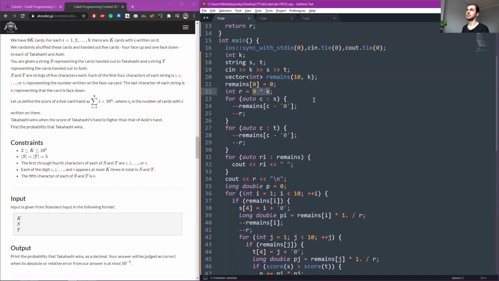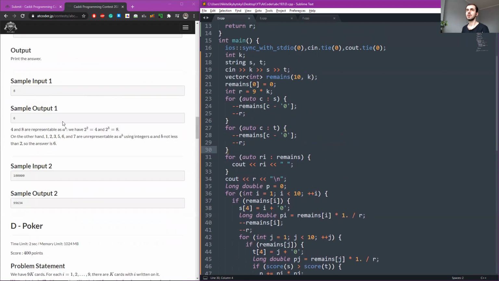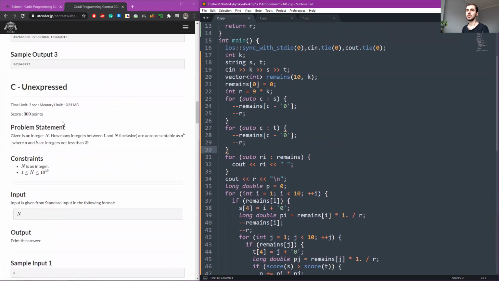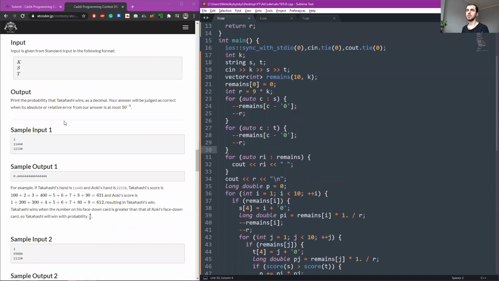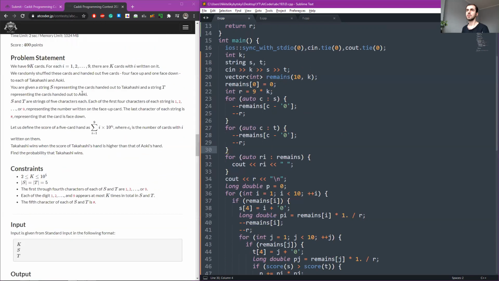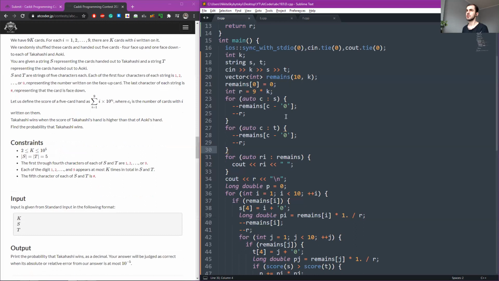R is initialized to 9Ks, and we decrement once per everything that we saw. Wait. 2, right? It means that we have 2 cards with each thing.